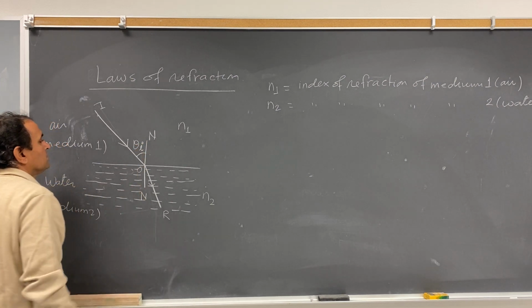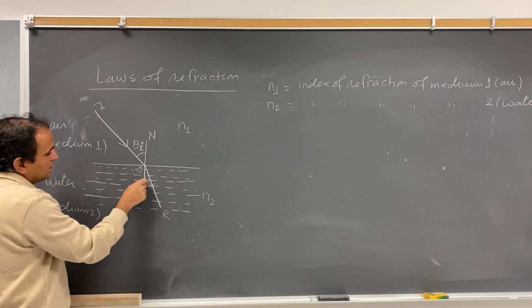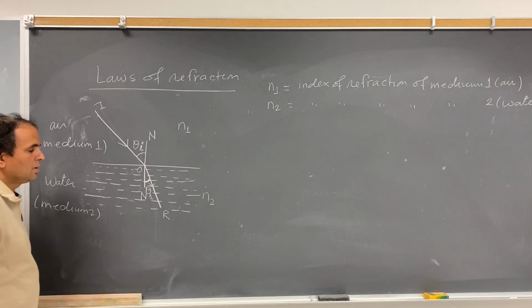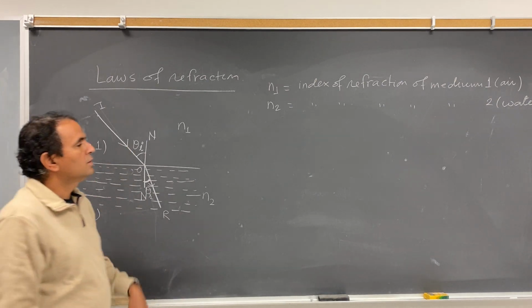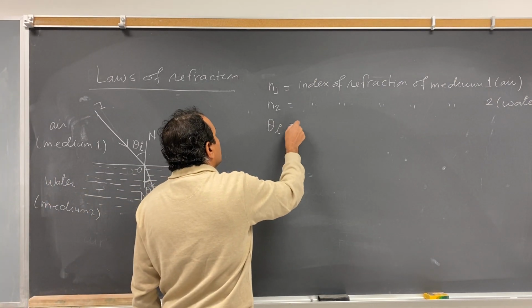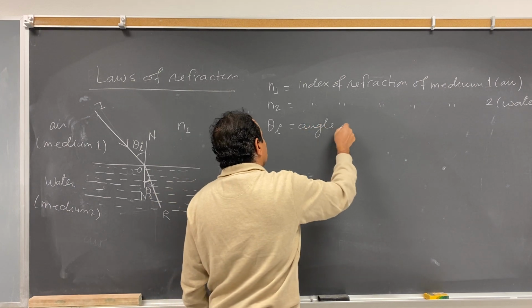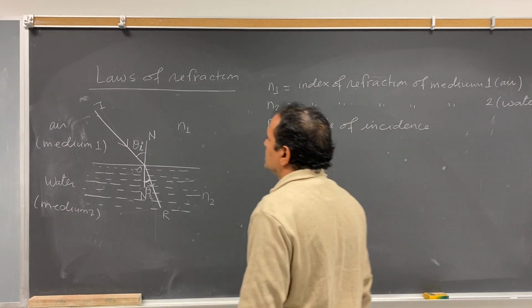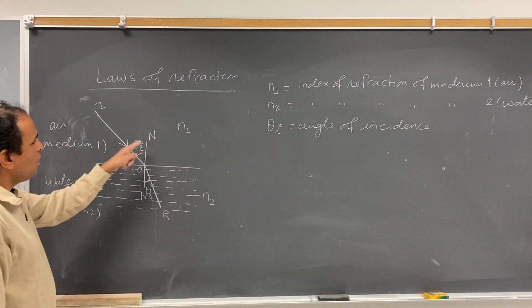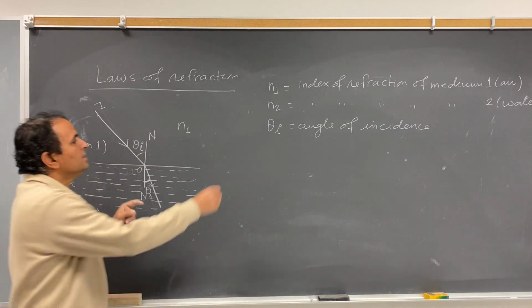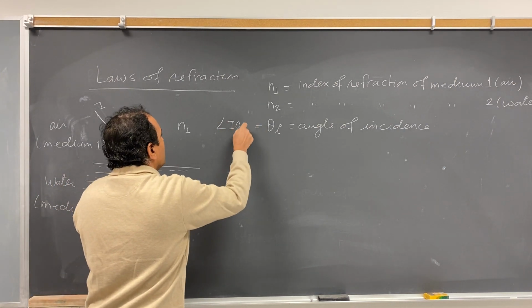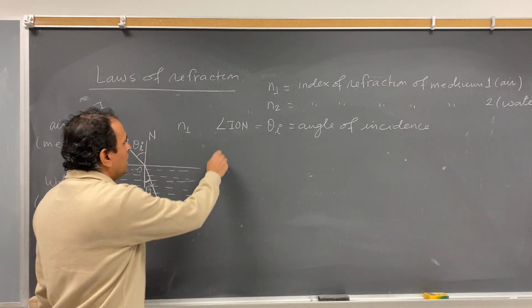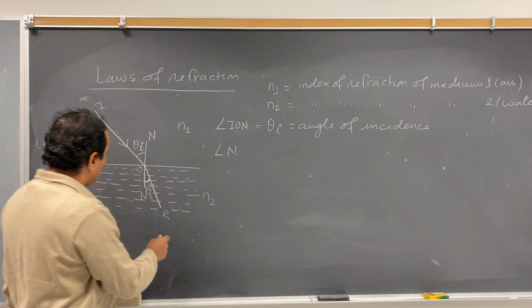Let me call it theta I. And this angle here is theta R. Theta I is the angle of incidence, this angle ION prime.